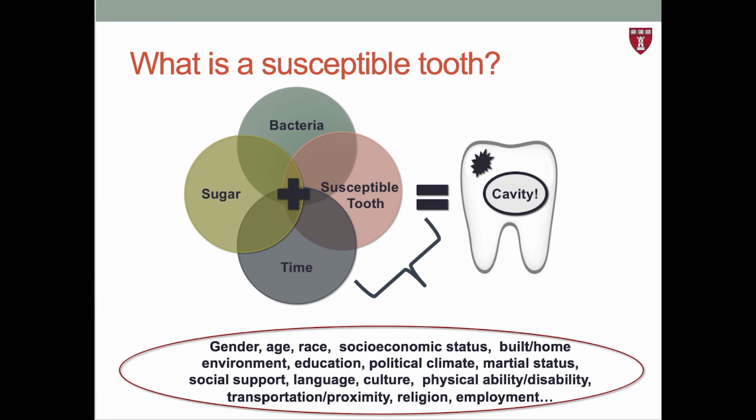In summary, the social determinants of disease and considering a sociocultural model of care expand the way we think about and define a susceptible tooth and the most appropriate approach for treatment. Factors like gender, socioeconomic status and poverty, culture, government and policy, physical and built environment, and many other examples can make a person and their teeth more susceptible to cavities and a multitude of other health problems.